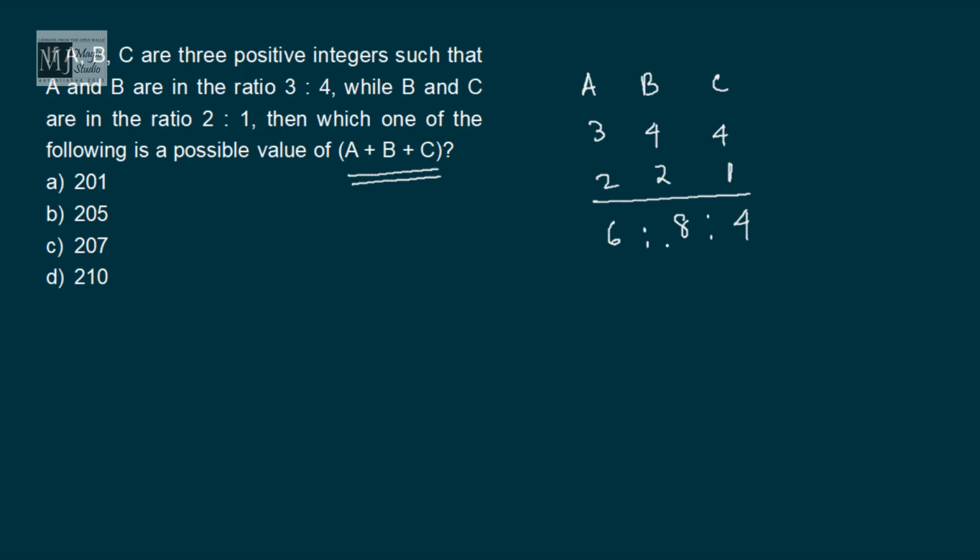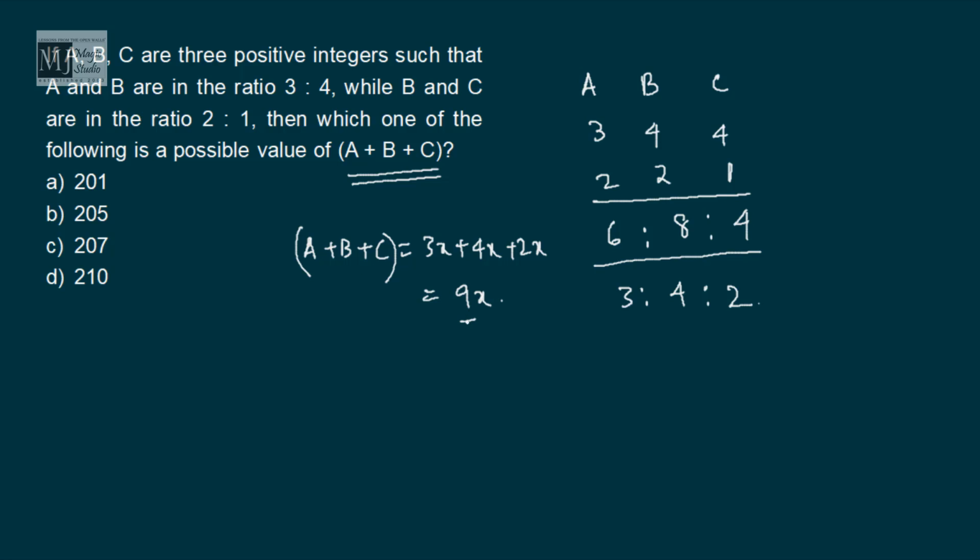That means joint ratio is, if I divide this by 2, 3 is to 4 is to 2. So if I take common ratio x, A plus B plus C should be 3x plus 4x plus 2x, that is 9x. That means sum A plus B plus C is a multiple of 9.